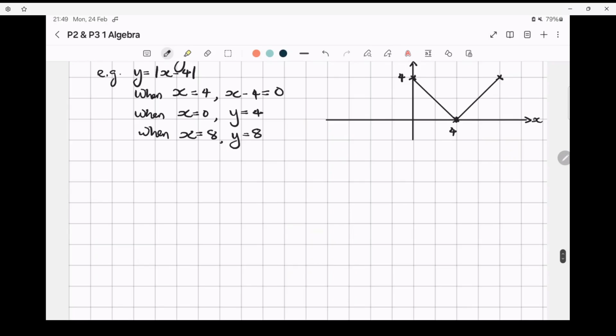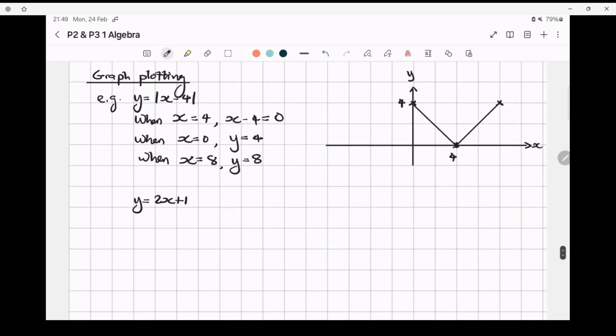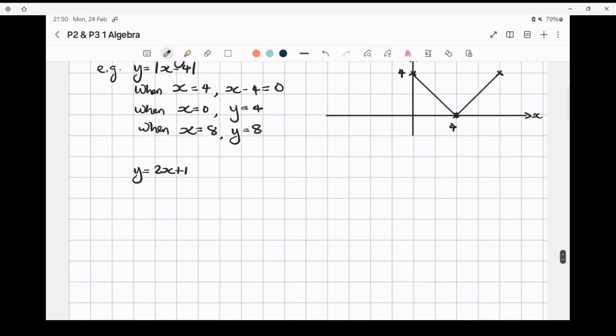If you want to plot y equals 2x plus 1 as well, I will demonstrate to you why sometimes you only have one equation, sometimes you have two equations. So let's say I want to sketch 2x plus 1 onto the same graph. I can substitute x equals 0, and y will be 1.